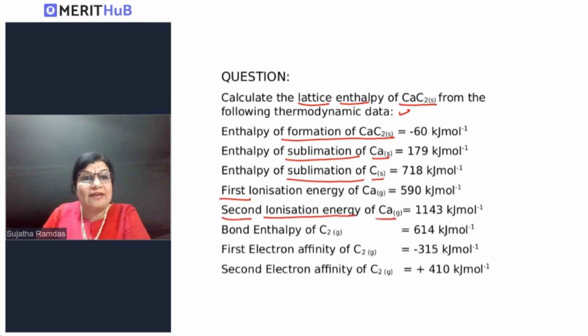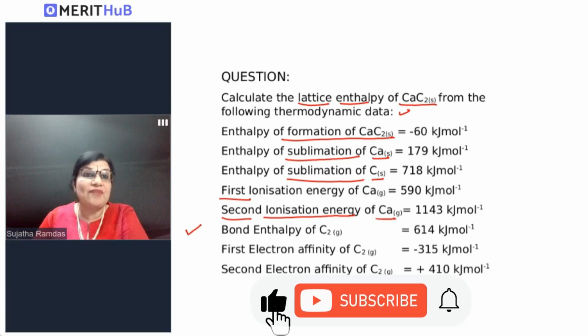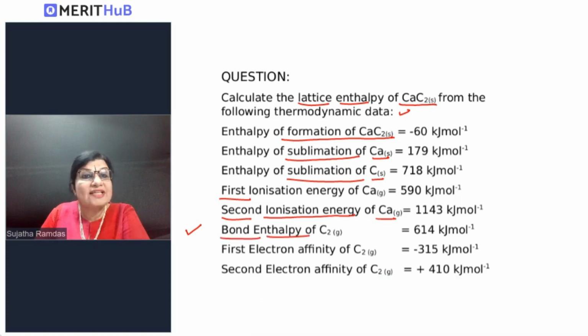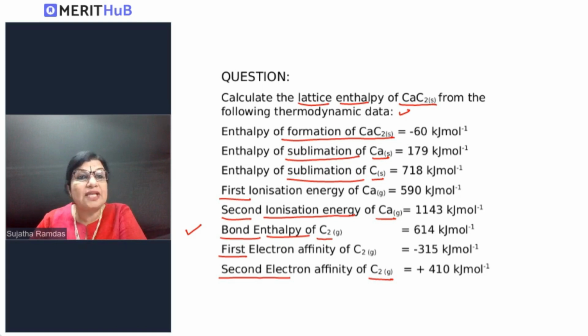You're also provided with something very interesting, which makes this question interesting, which is the bond enthalpy of C2 gas. Apart from that, you're provided with the first and second electron affinities of gaseous C2. These are the various thermodynamic terms involved here, which we will discuss in detail.